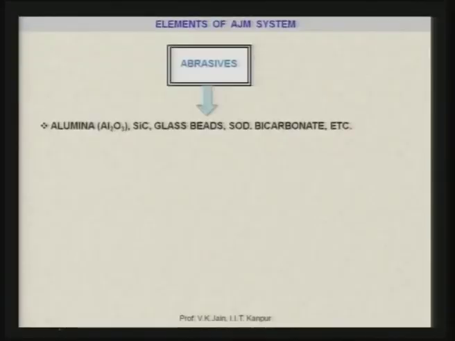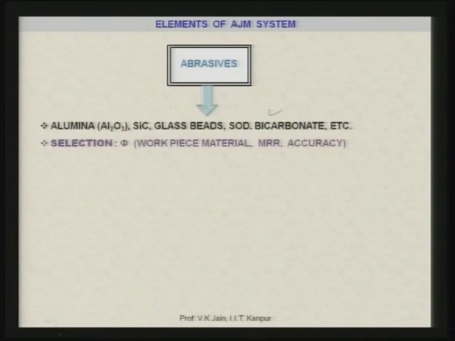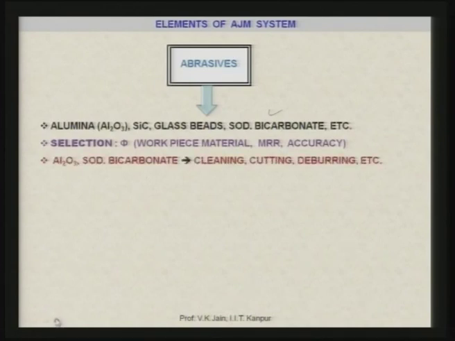Now, there are various types of abrasives which are used in abrasive jet machining, such as alumina, Al2O3, silicon carbide, SiC, glass beads, sodium bicarbonate, etc. Selection of the right kind of abrasive particles for the AGM process depends upon workpiece material properties, the material removal rate that you require, and the accuracy that you want.